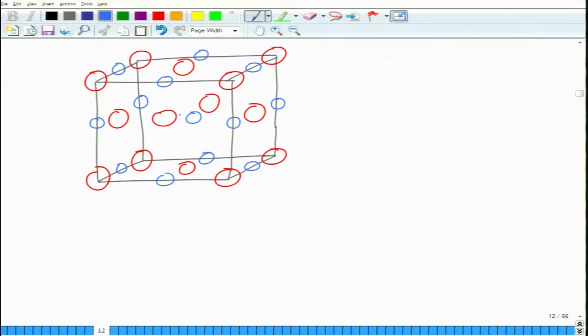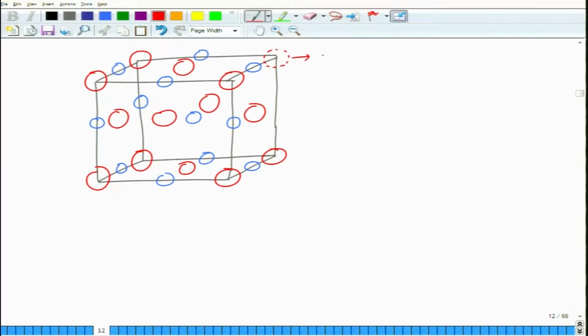Okay. Now, here what might happen is that if you remove one of these atoms, then to maintain the electrical neutrality, this also goes away. So, as a result, what you will have is this as a vacancy.